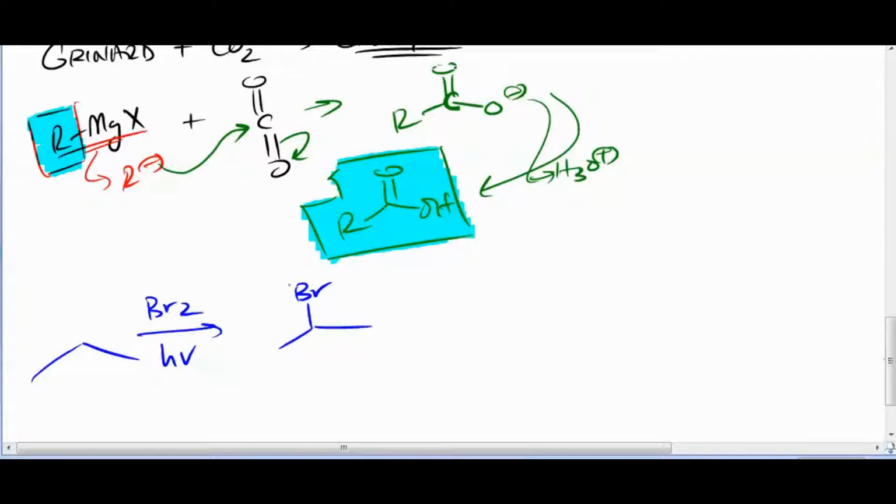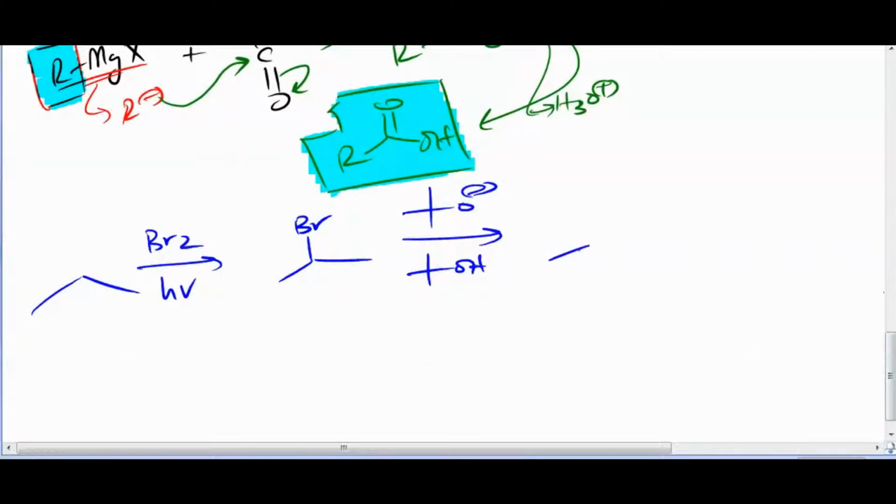And then once I generate this guy here, this is an alkyl halide. But let's say I wanted it to be primary. I can do an elimination reaction. I can do an E2, and I can get this. Reform a double bond.